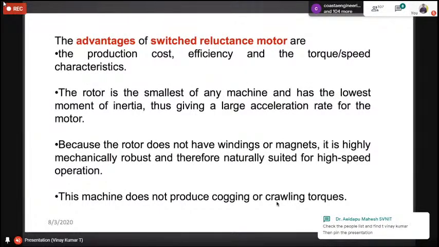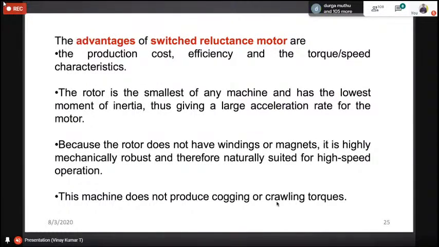If the weight of the rotor is very low, inertia is low, so the acceleration rate is very fast. If acceleration time is very short, the advantage is we can save a lot of energy in accelerating mode. Please try to understand. In any electrical drive, a lot of energy is wasted as heat during the accelerating or decelerating period.